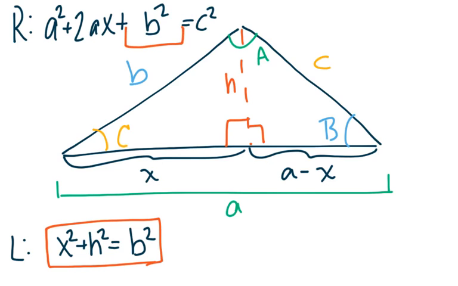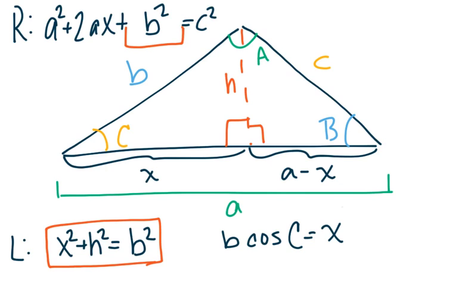Now, the one last bit of relevant information that I need is that the cosine of my angle capital C equals my adjacent over my hypotenuse. So that's going to be x over b, which means that I can solve for x here, and I get that b times cosine of capital C equals x.